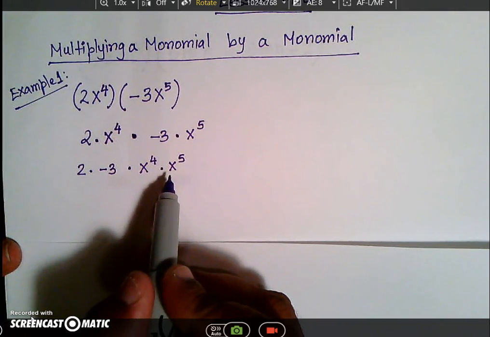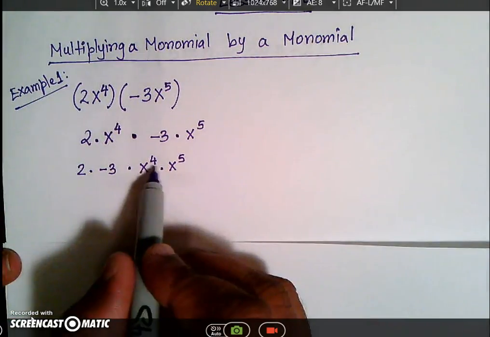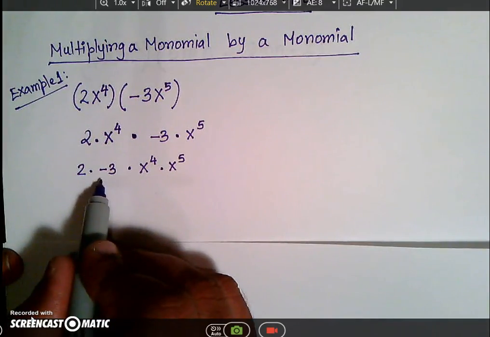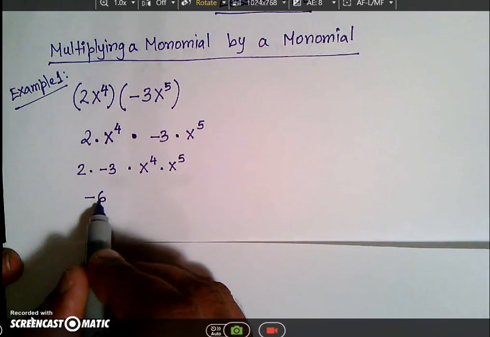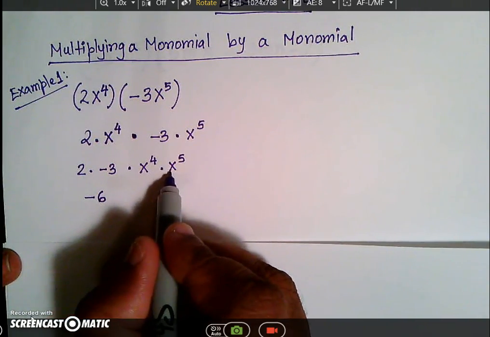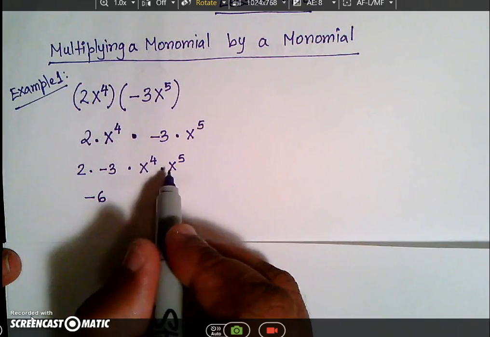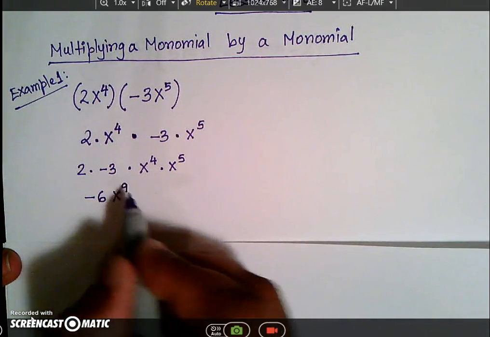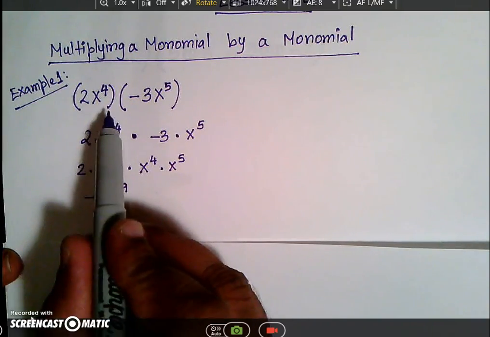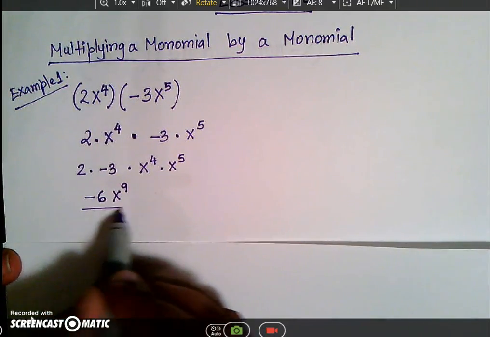So multiplying exponents of the same base, I'm going to add the powers. These two guys I'm going to multiply. So 2 times negative 3 is going to give me negative 6. X to the power of 4 times x to the power of 5 is x to the power of 4 plus 5, which gives me a 9. So multiplying these two, that's my answer.